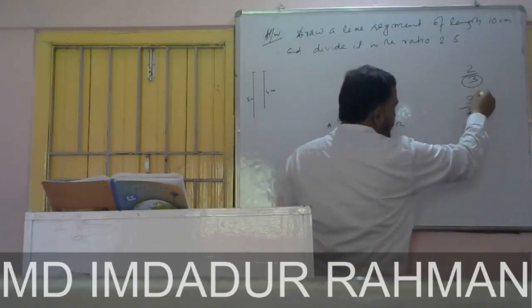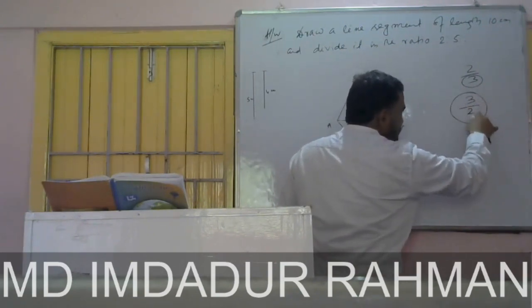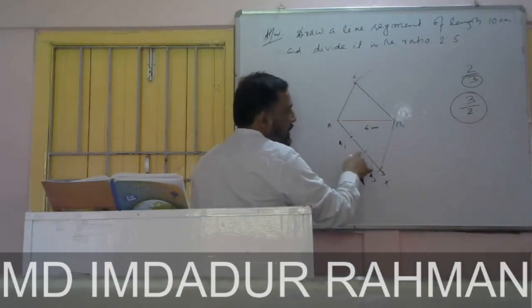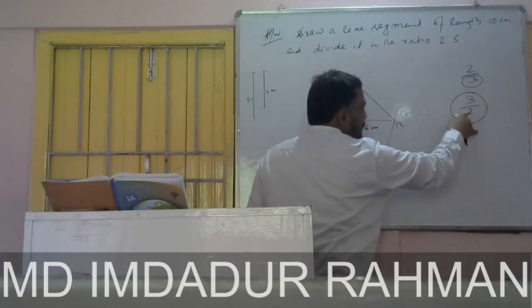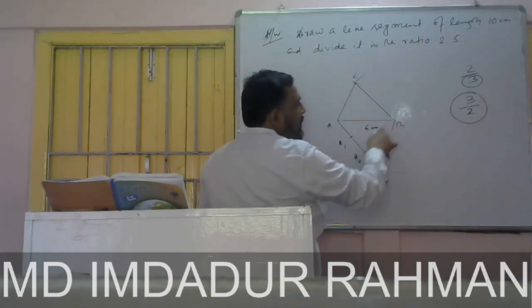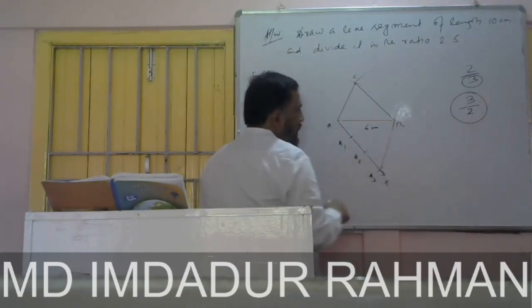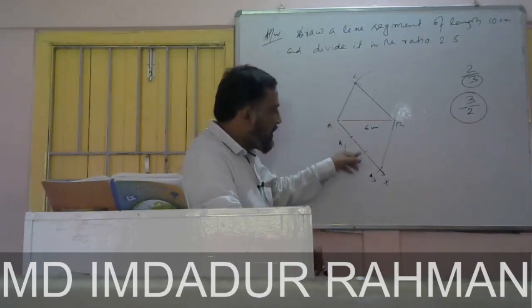If it would be 3/2, then we will join A to B. Whatever the denominator will be, we join accordingly. And how many parts will it be? 3 parts or 2 parts?